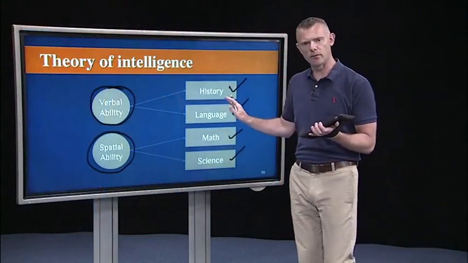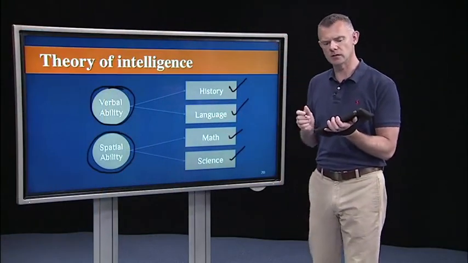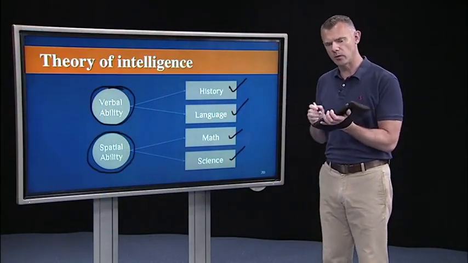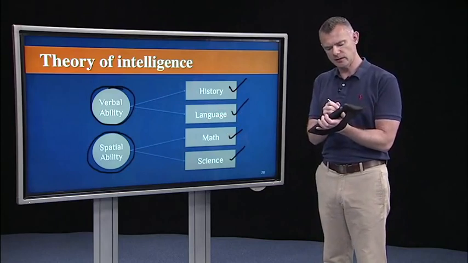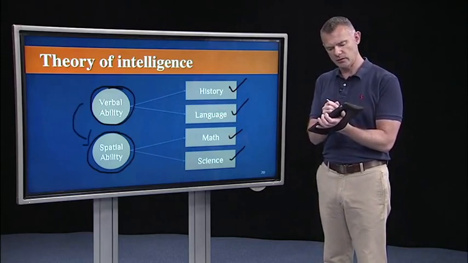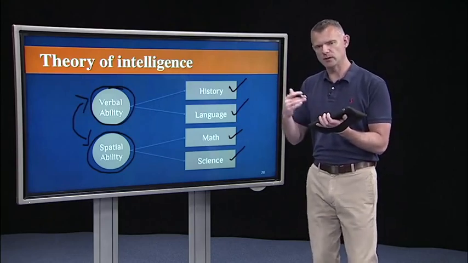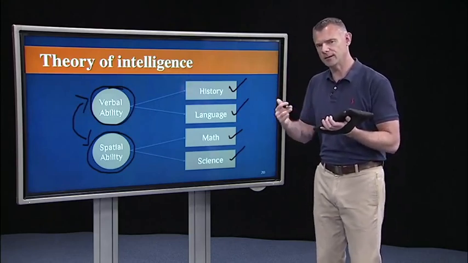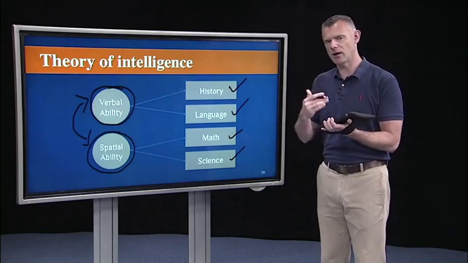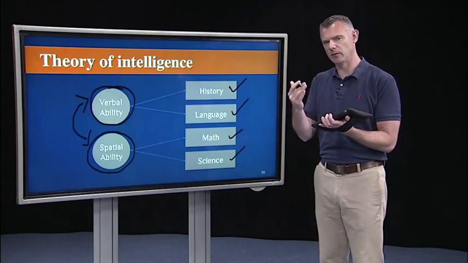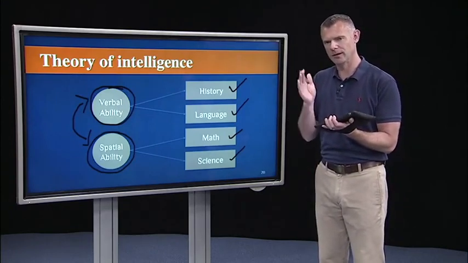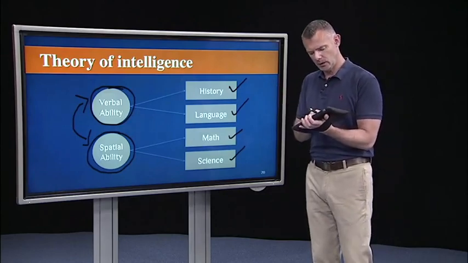And there's some support for that theory of intelligence. The only problem with that approach is that there still tends to be a positive correlation between these. So even among verbal and spatial ability, there's still some positive correlation. As you saw in the scatter plot with math and history scores, they're still positive.